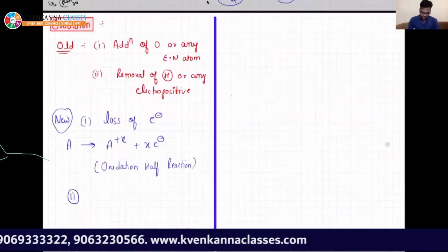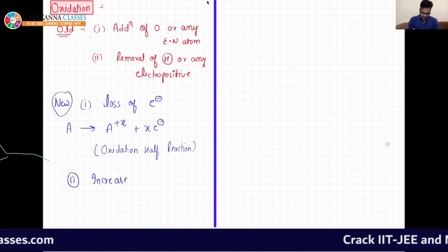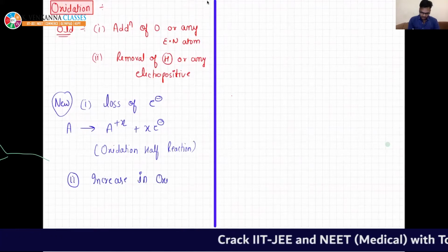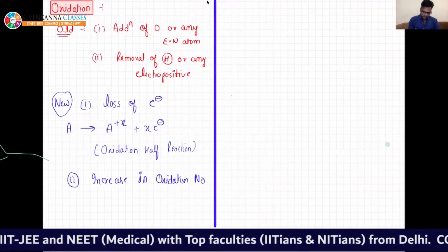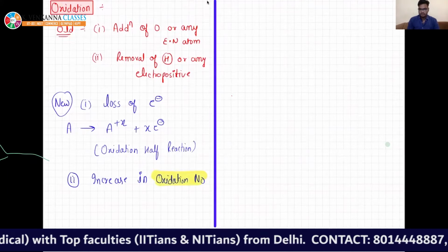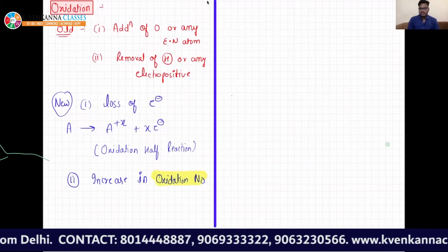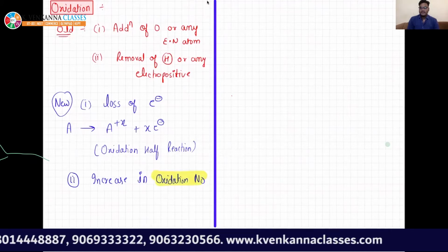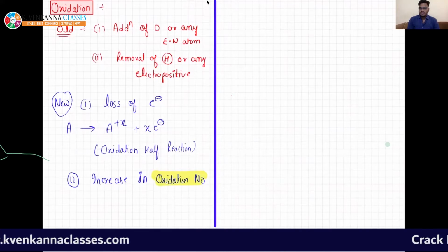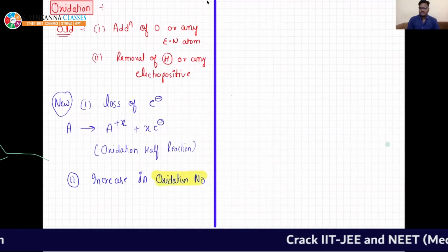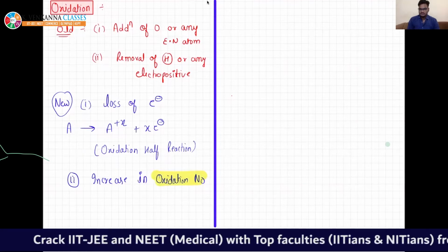one is increase in oxidation number. This is important. You should know this. If for any compound, any of the elements is undergoing an increase in oxidation number, then you can say that substance is getting oxidized, right?